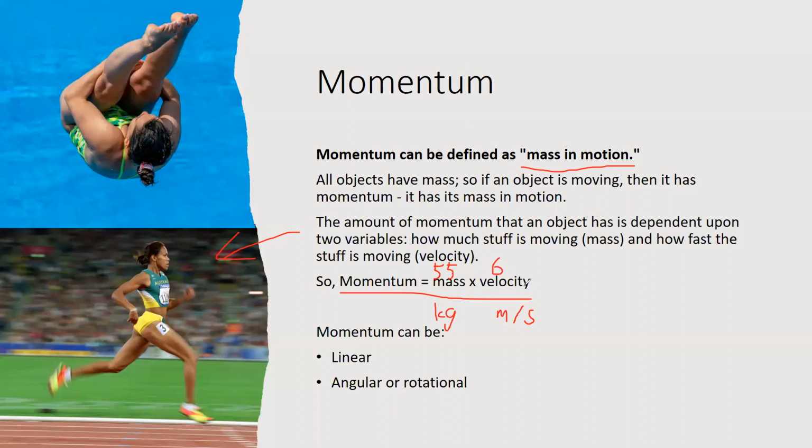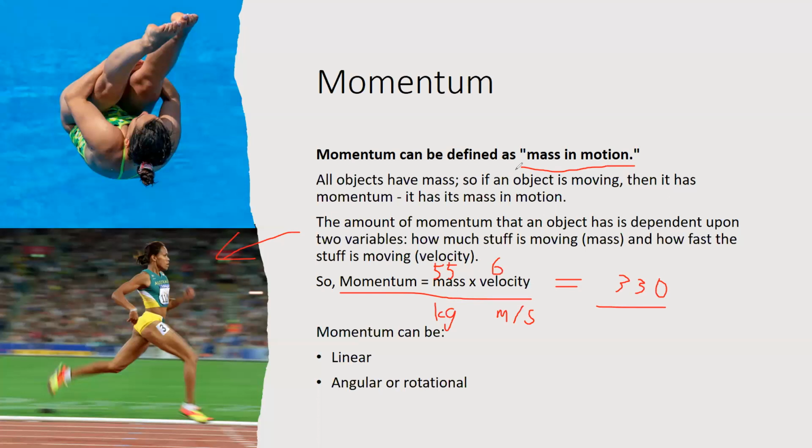So we multiply these two together, and the answer is 330. So that's a momentum. But we do not do calculation in this unit. You just get an idea.